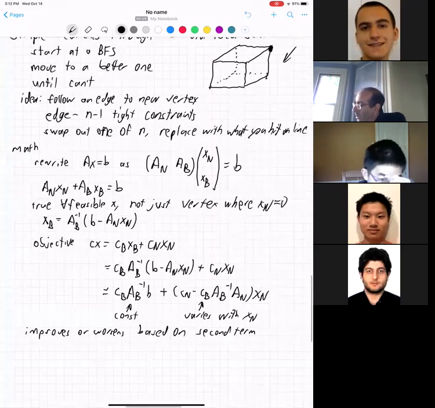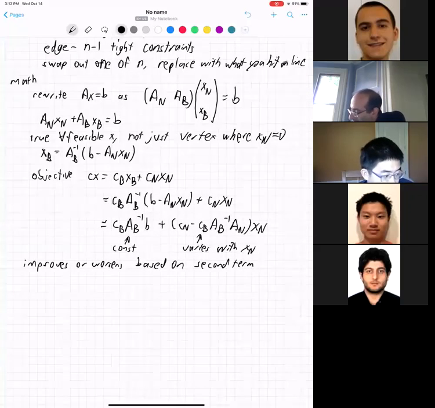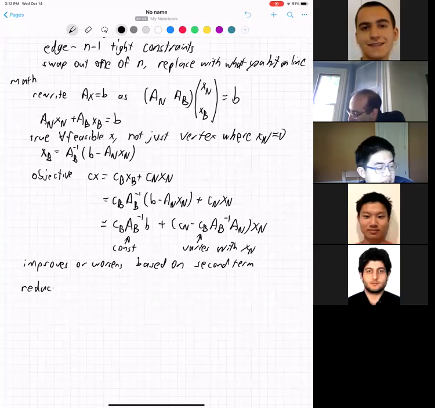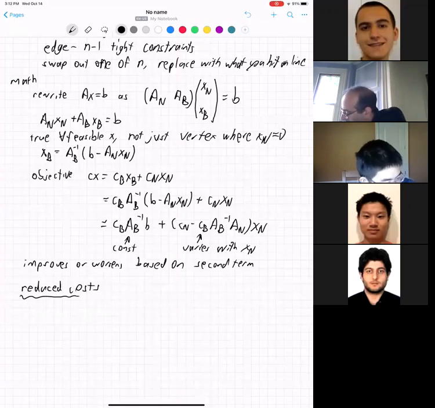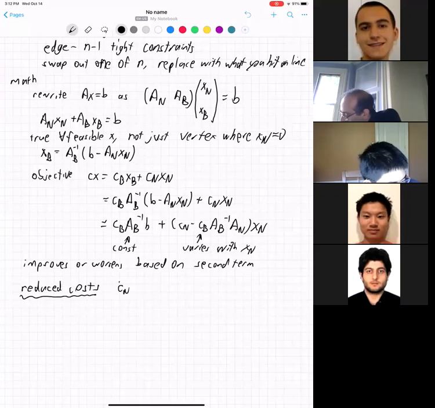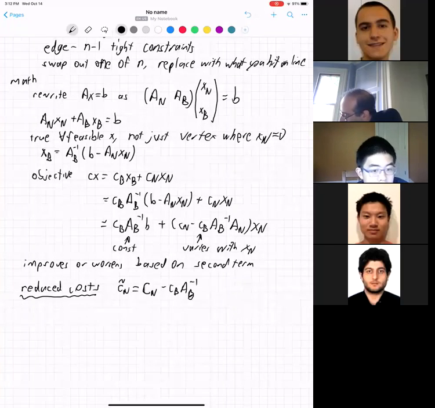So that leads me to define a collection of reduced costs. It's a phrase I'm sure you've heard before, which I will write as cn twiddle. And I'm going to define them as the coefficients in the second term, cn minus cb times AB inverse times AN.